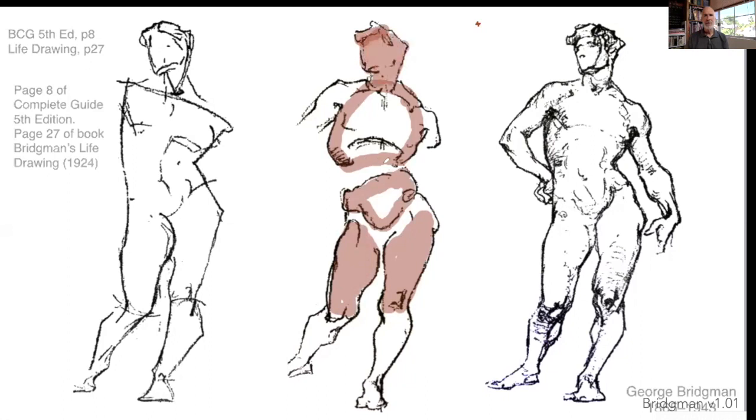That's a shape. Hey, you could do it this way. Watch over here. That's a more complex shape, but it is a shape. This shape is quantifiable. It looks like a one-piece bathing suit.